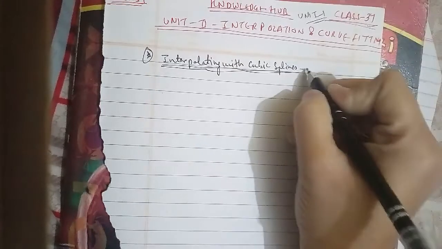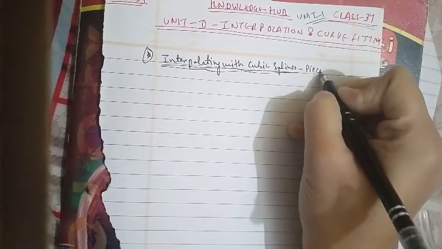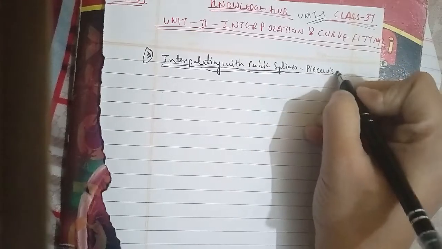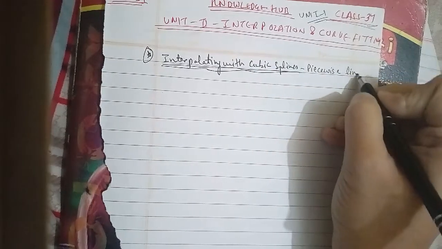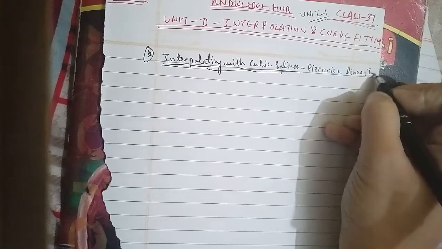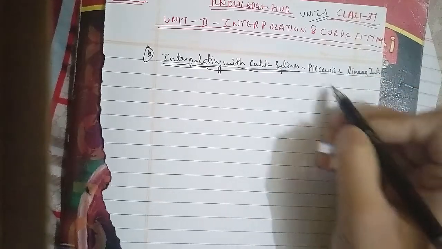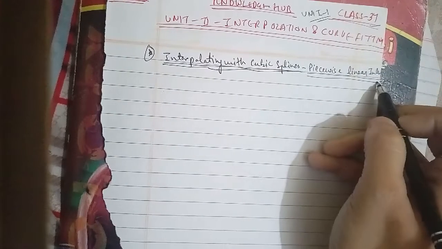In interpolating with the cubic spline, we first discuss piecewise linear interpolation. In this technique, a single straight line is drawn between two data points.